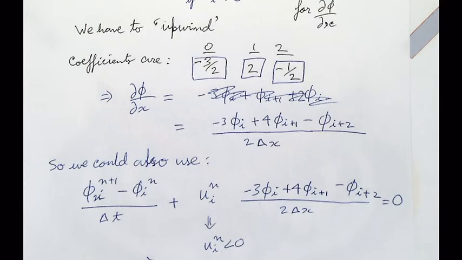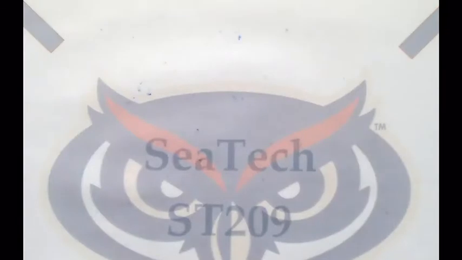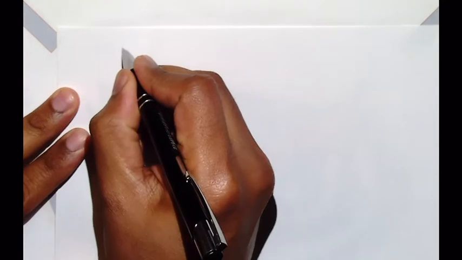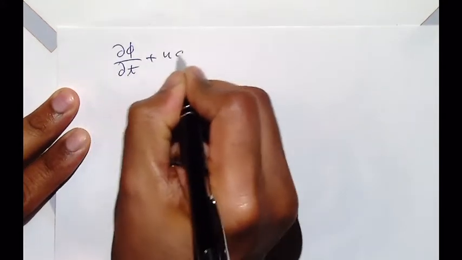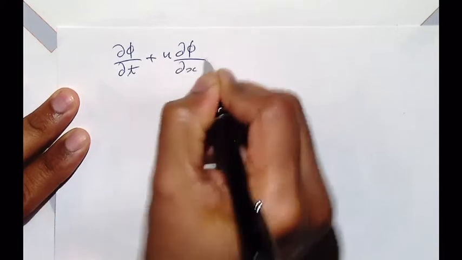All right. So now I want to show you something very different from all these Eulerian schemes we have been talking about. Okay? It's a very elegant solution to this advection problem. And again, our governing equation is always del phi by del t plus u del phi by del x equals 0.